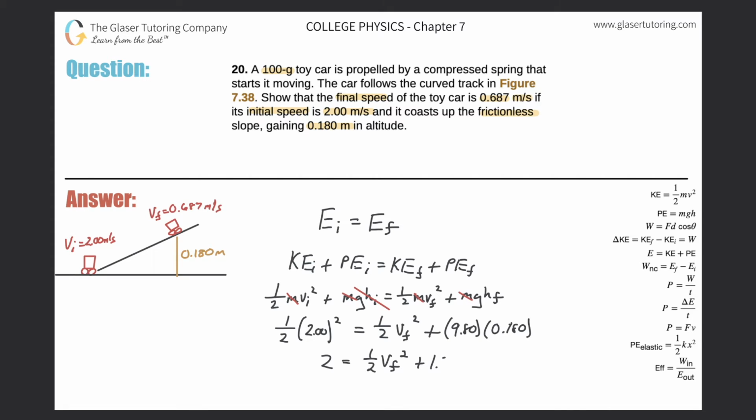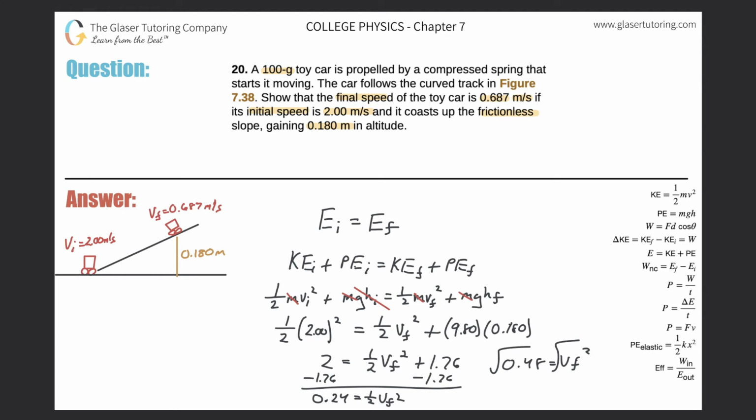So subtract this 1.76 over, and we get 2 minus that value, so 0.24, which equals 1/2 VF squared. Divide out the half on both sides: take 0.24 divided by 0.5, essentially doubling it. So 0.48 equals the final velocity squared.